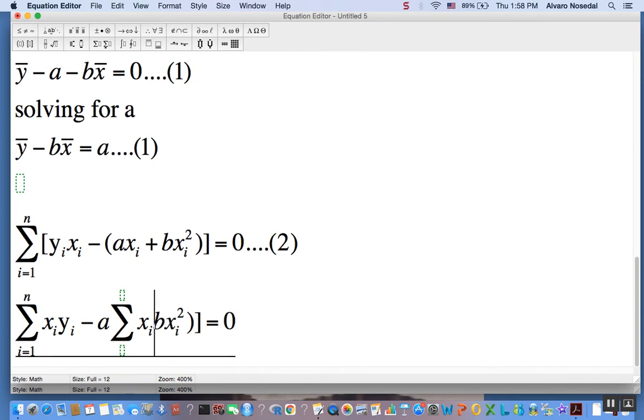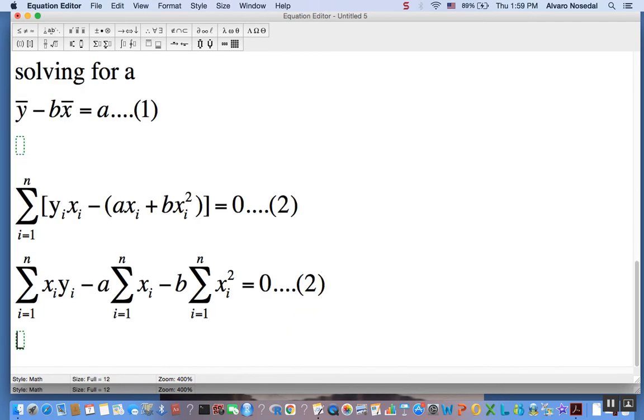Minus b times the summation of xi's squared, where i goes from 1 to n. Agreed? So that's equivalent to the second equation. Makes sense? Just doing a little bit of algebra.